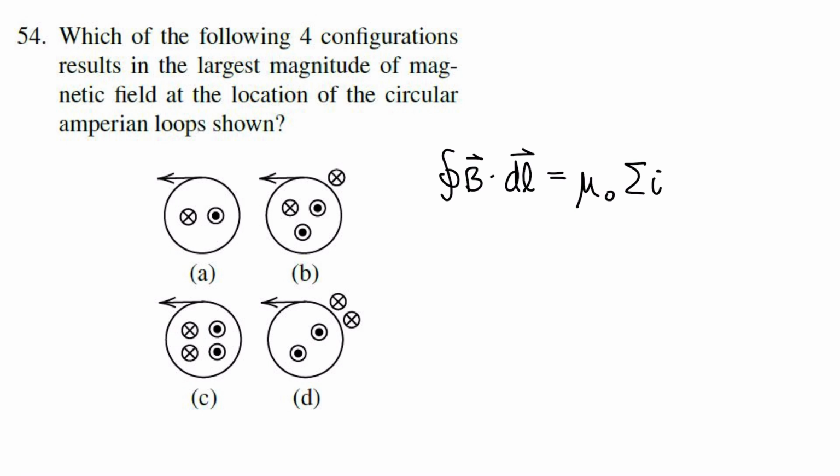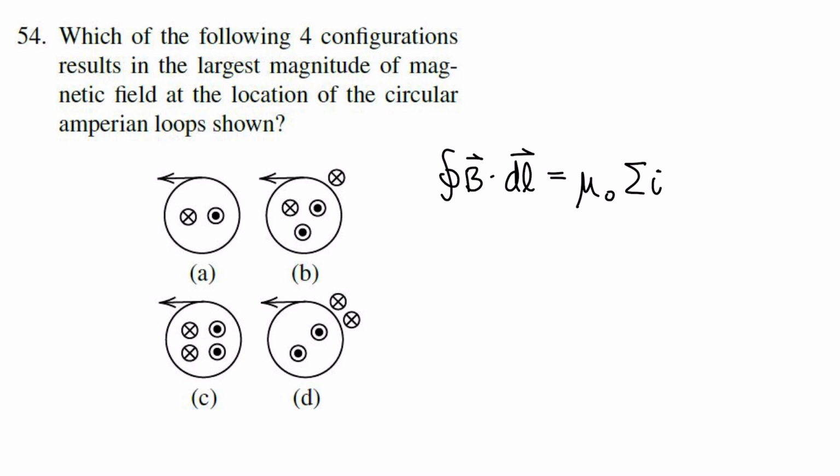And remember, enclosed current takes into account whether the current is positive or negative. You can define your system however you want, but usually we consider positive current as that which is coming out of the page, and negative current that which is going into the page.